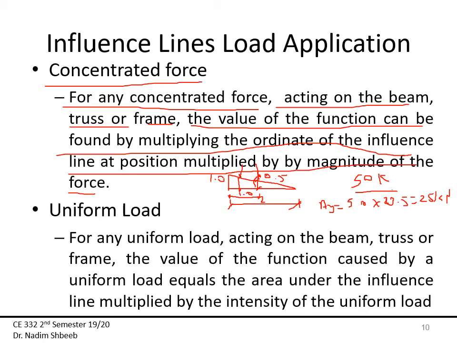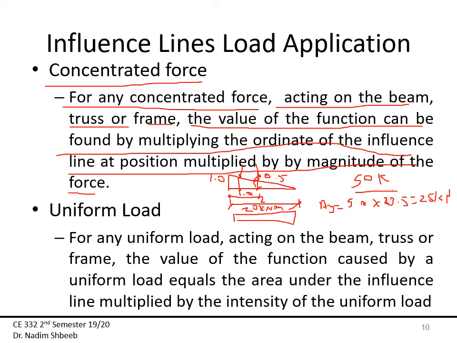Uniform load, on the other hand, instead of dealing with the ordinate, I will deal with the area under the influence line multiplied by the intensity of the uniform load. So let's say I have a uniform load of 20 kilonewton per meter, for instance.